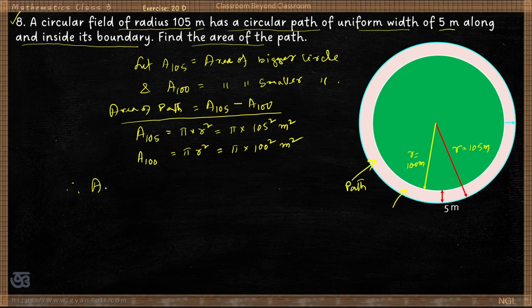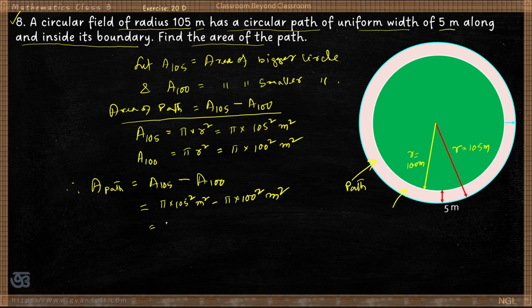Therefore area of the path is equal to area of the bigger circle minus area of the smaller circle, and that is equal to pi into 105 square meter square minus pi into 100 square meter square.